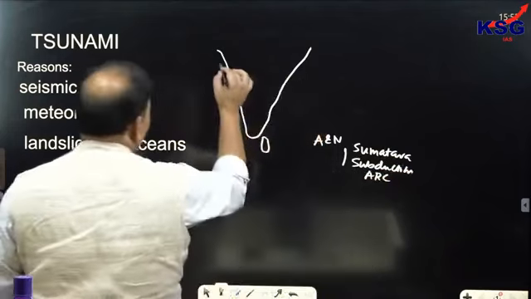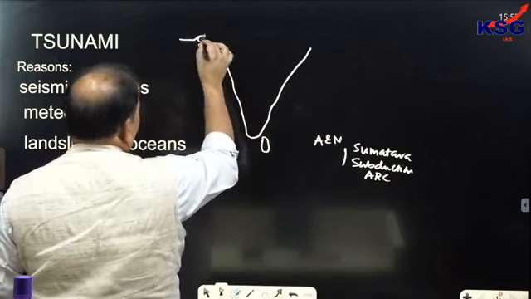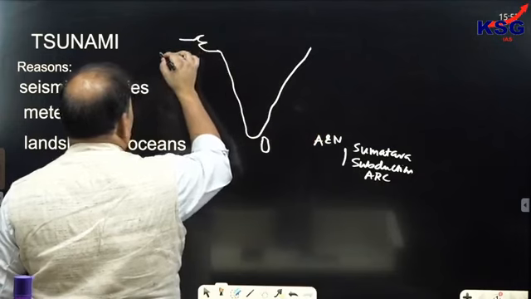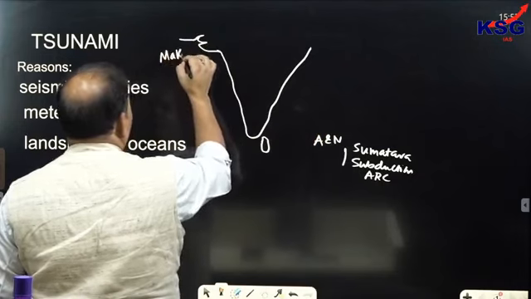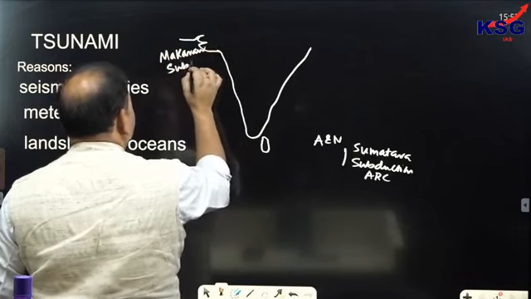And over here, there is another subduction arc which is called Makran, that is in the Arabian Sea. Makran subduction arc.